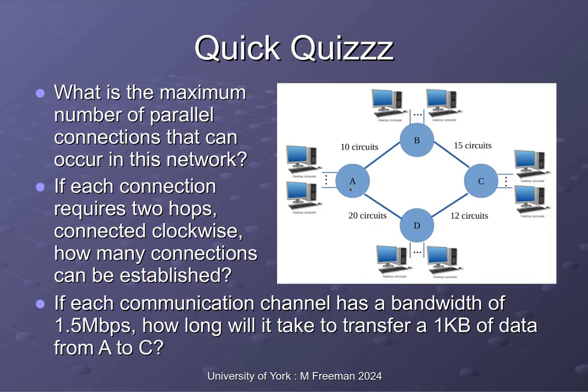So the first connections are made by Group A to Group C, then the next set of connections are made from B to D, and then from C to A, etc. Knowing those limitations, knowing this setup, how many connections can be made in this scenario? Also, if each communication channel can transfer 1.5 megabits per second, how long would it take to transfer 1 kilobyte of data from a machine in Group A to a machine in Group C?